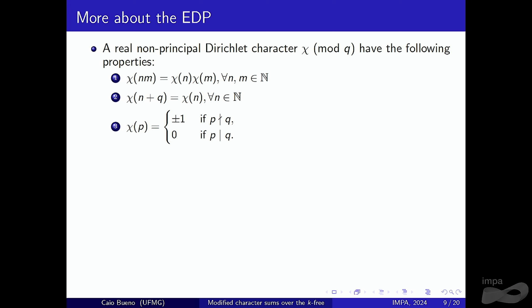An important function that we have is the Dirichlet character, and it has the following properties. It is completely multiplicative, a Dirichlet character modulo Q. Here I'm taking a quadratic character. It is Q periodic, the period is its modulus, and it assumes values plus or minus 1 if a prime number does not divide its modulus and 0 otherwise.